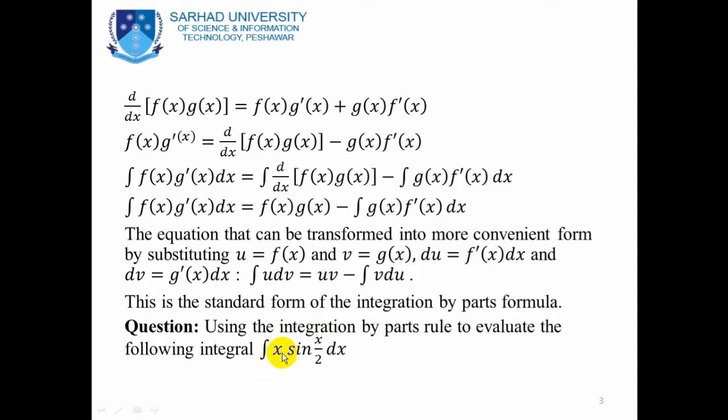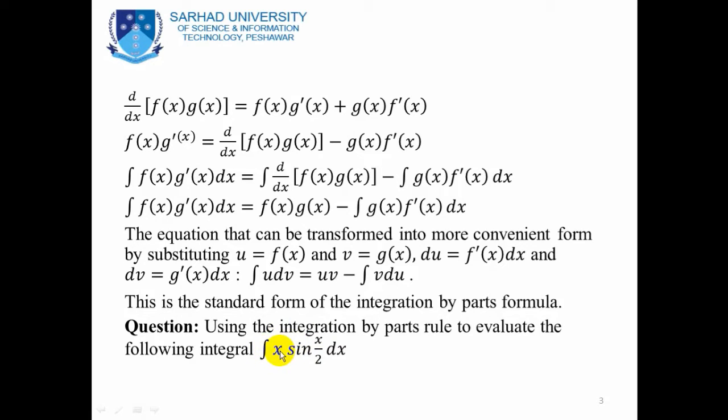the polynomial, and when we apply the derivative on the polynomial, the power of the polynomial decreases, and then the product will not be present after applying the integration by parts formula. Actually, the main issue is the product of these two functions. That's why we use the integration by parts formula.